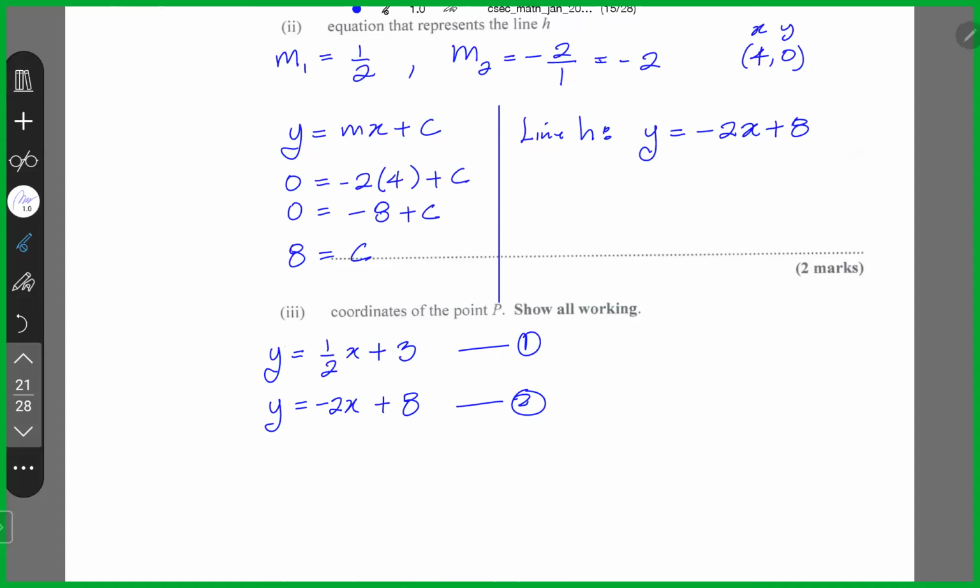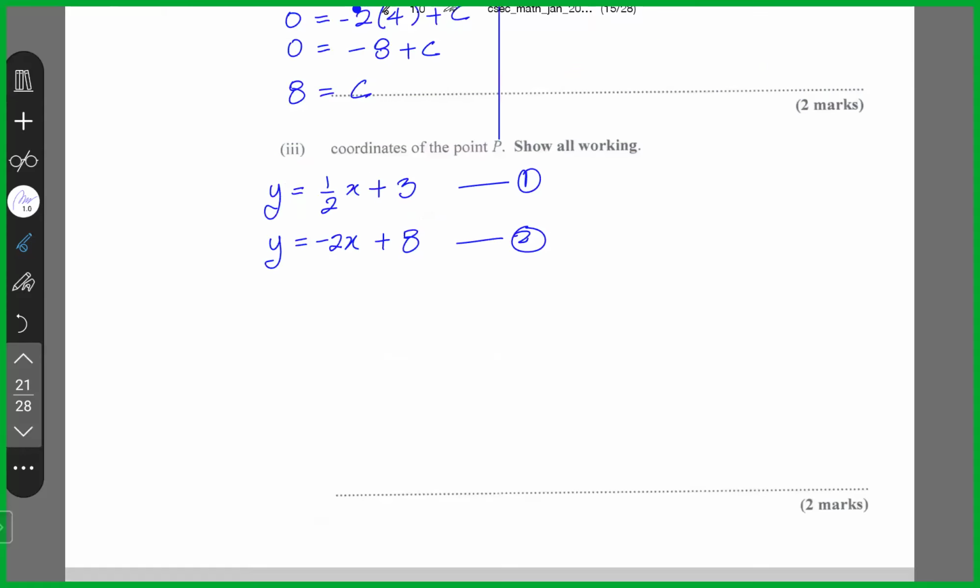If we want to use calculation to determine the point of intersection of two lines, we must solve the equations for the two lines simultaneously. So y is the same. What we have is a half x plus 3 equals -2x plus 8, since both of them are equal to y.